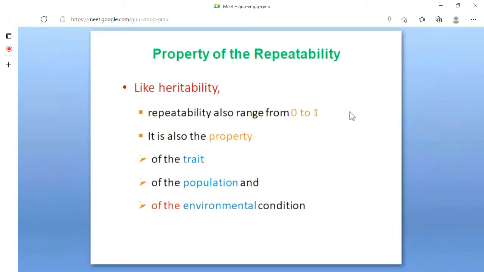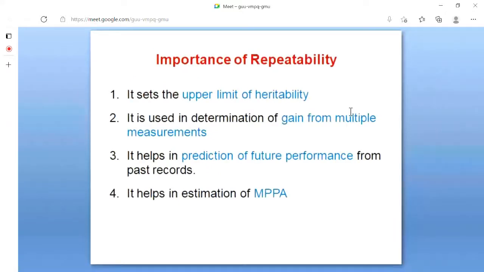It is also the property of the population. From population to population, herd to herd, there will be differences. It also depends on the environmental conditions. These are some of the properties of repeatability.